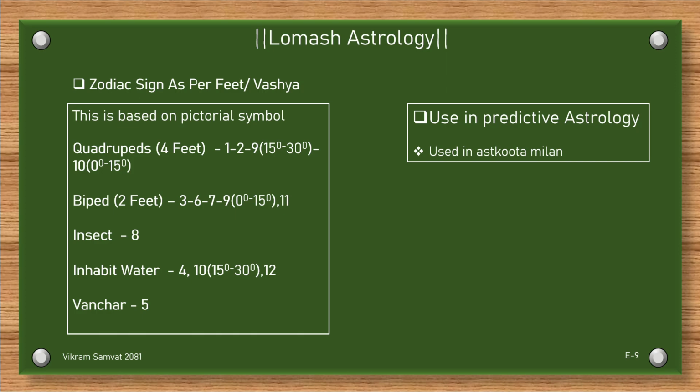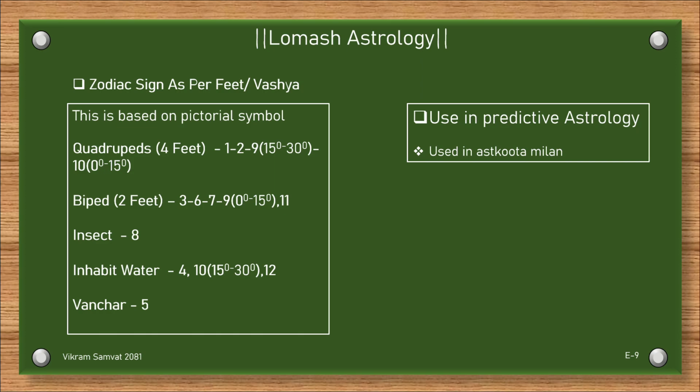Number 8 is Scorpio. It is an insect. Number 4 is Cancer, which is represented by a crab, and it lives in water. Number 10, again as I mentioned, the first half is a deer and the second half is a crocodile. So 15 to 30 degrees, it is a crocodile.